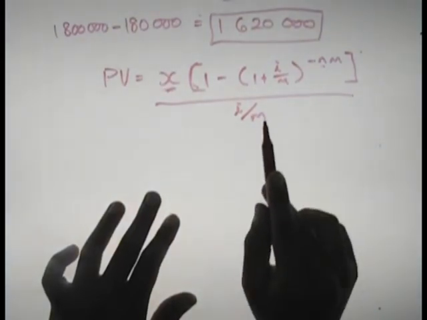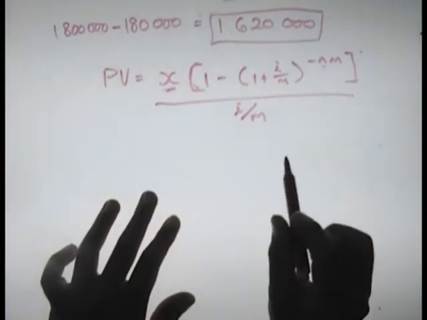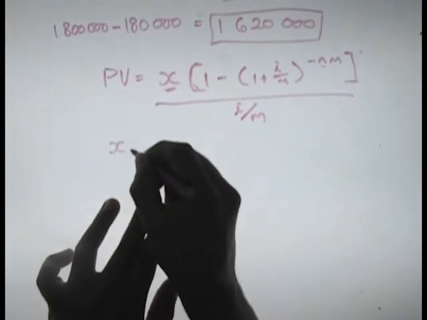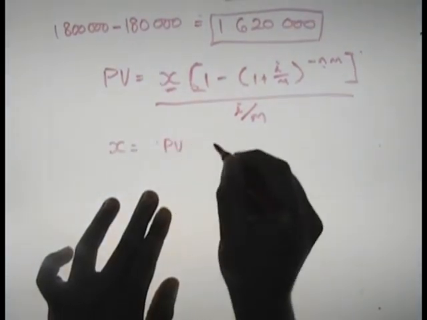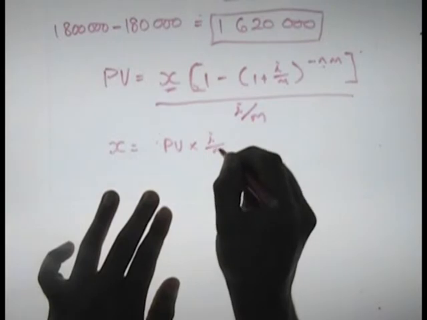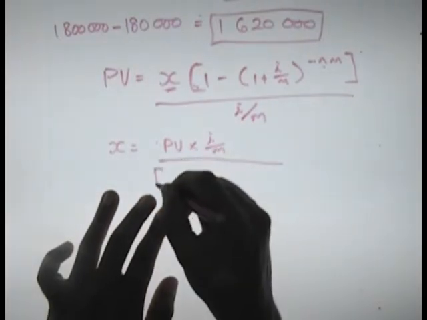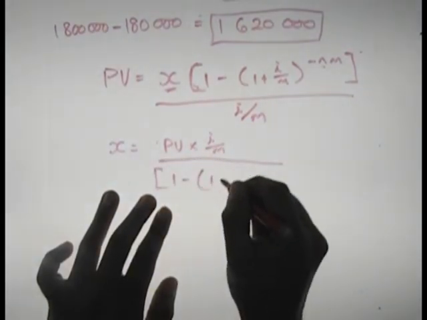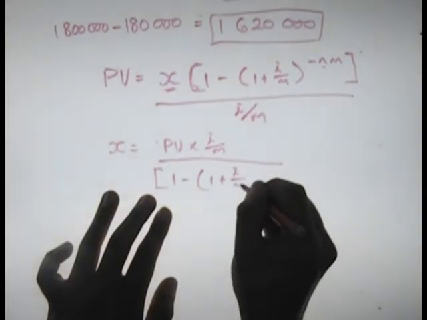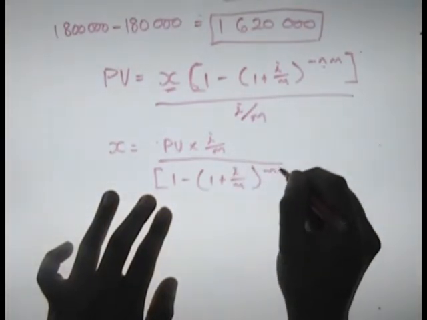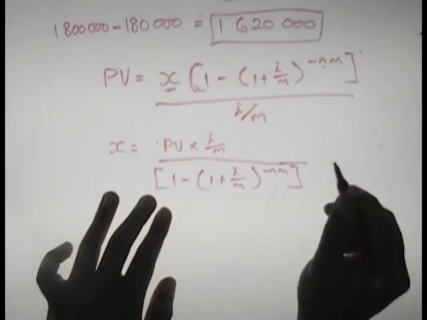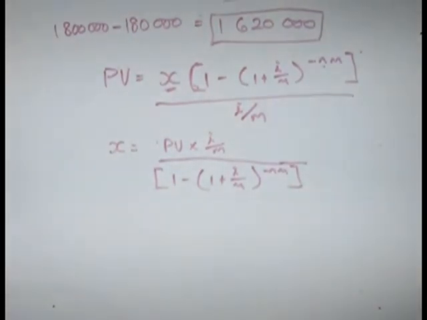It can become very complicated once you've got all your figures in. x will equal present value multiplied by i over m, divided by 1 minus (1 + i/m) to the power negative nm. Now I can start to plug in values.